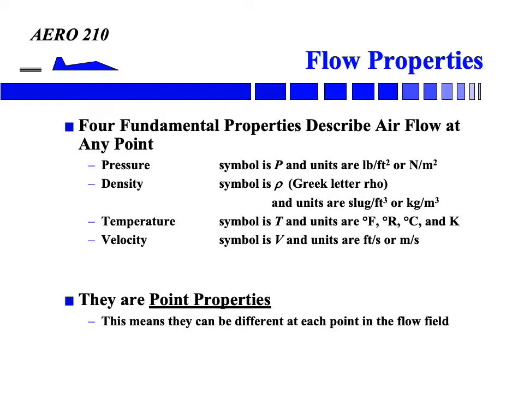Kelvin doesn't have degrees. In general, we use the absolute temperature, degrees Rankine or Kelvin. And then velocity is given the symbol capital V and has units of feet per second or meters per second and dimensions of distance per unit time.